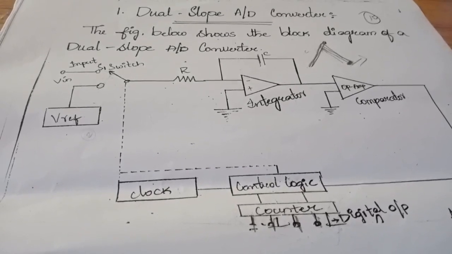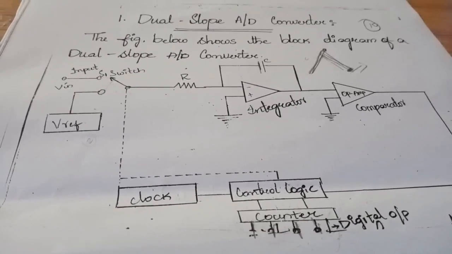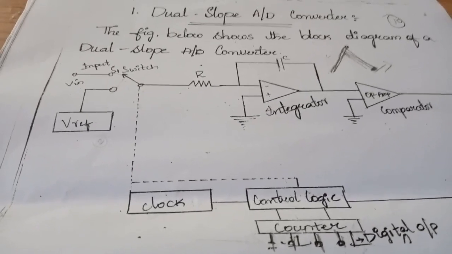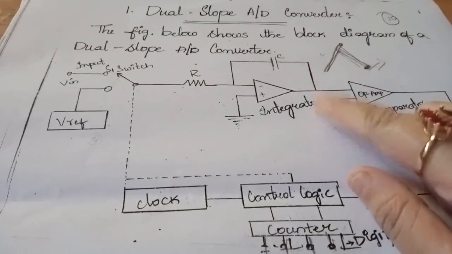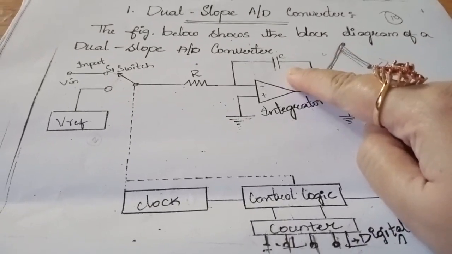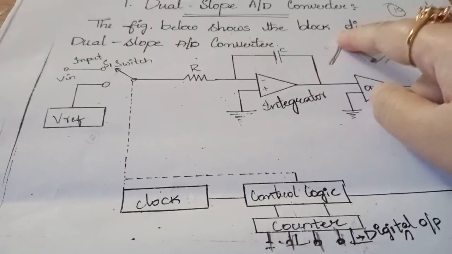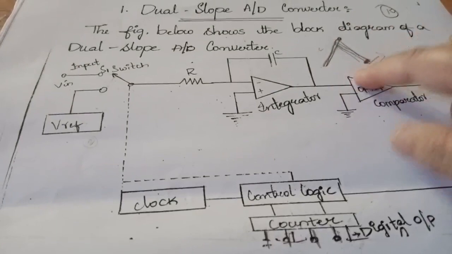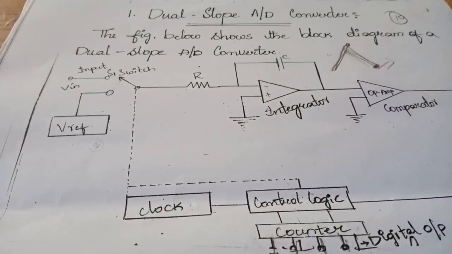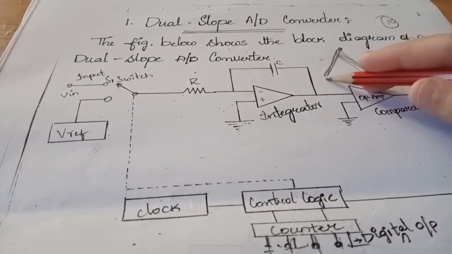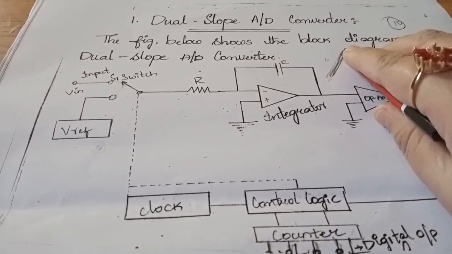Any equivalent input voltage we give, 2, 1, 4, whatever you want, will pass to the integrator. In the integrator the capacitor will start charging till the highest peak T1, with charging current IC, resulting in a linear ramp at the integrator output.